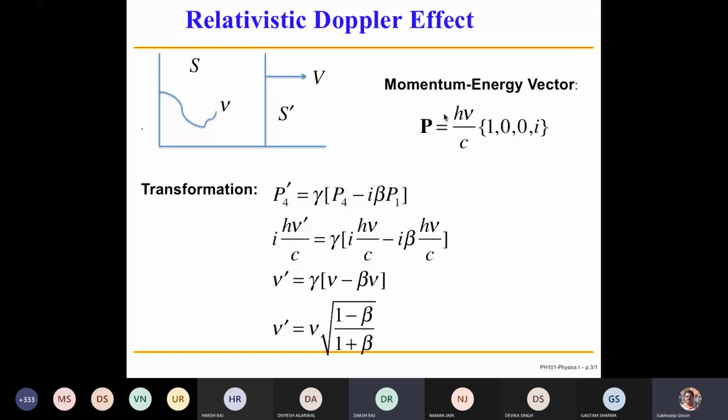All right. What we are getting out of this is a tool, and from the fact that all the 4 vectors are Lorentz invariant, we are applying that to find out the quantities that are of physical nature. For example, the frequency of the light that is being observed by the observer in S prime.